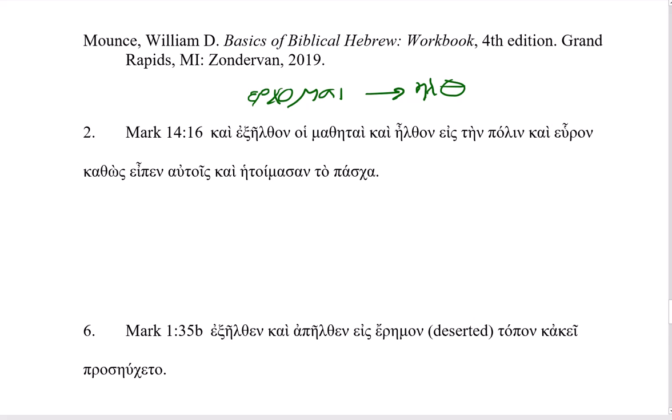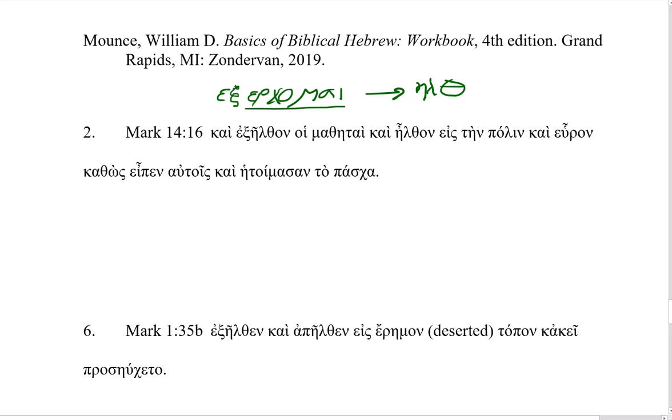Very strange, but it is what it is. And so we have ex-erchomai, and then that just becomes exelthon. So second aorist, the beginning stays the same, and then the stem changes the same way that it does for erchomai. So exelthon, and that means to go out.